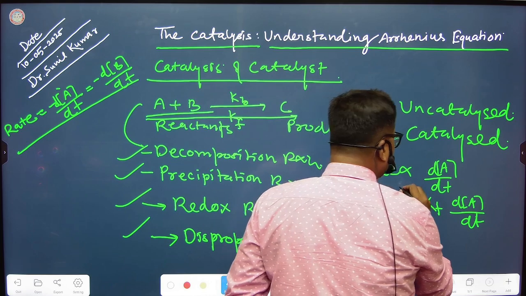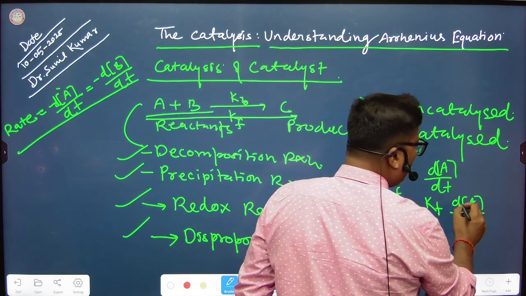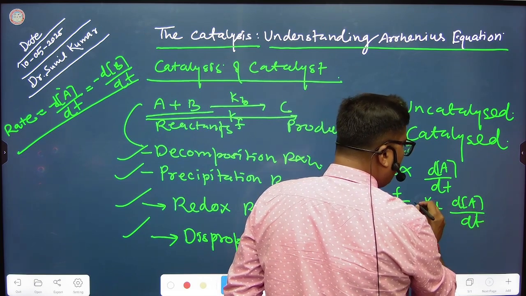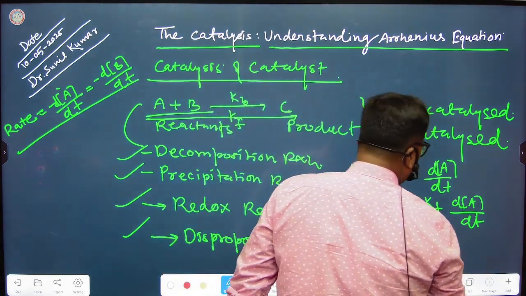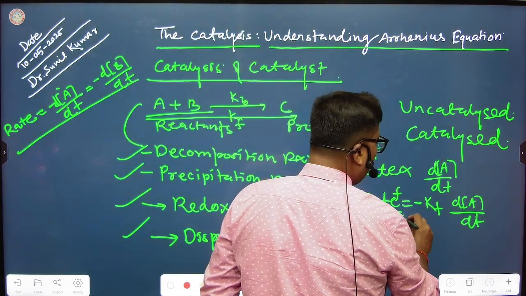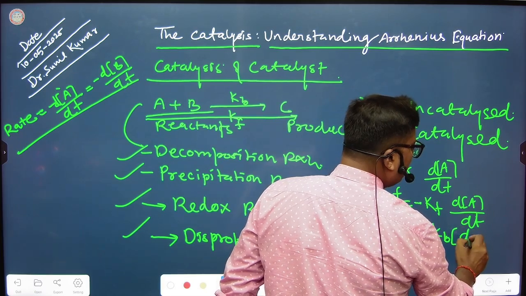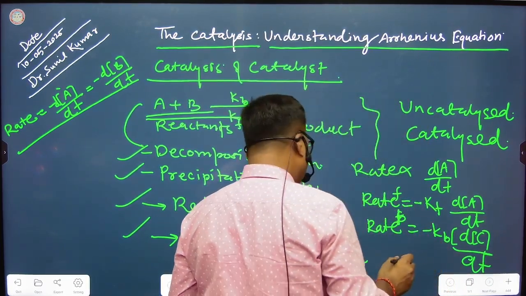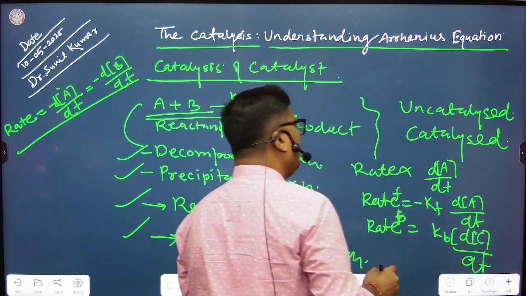In the case of forward reactions, the rate is directly proportional to the rate constant, and this is negative overall for the forward reactions. Now for the backward reaction, the rate is minus Kb dC upon dt. Here the minus will be eliminated and it will be positive, right?